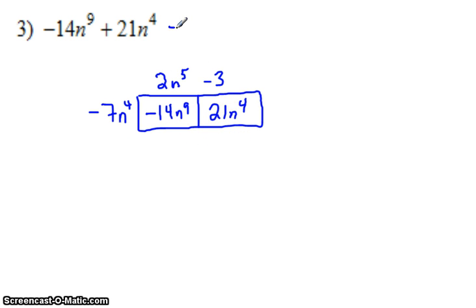So final answer is going to be negative 7n to the 4th times the quantity 2n to the 5th minus 3. There you go. Alright, we're going to keep rolling here.